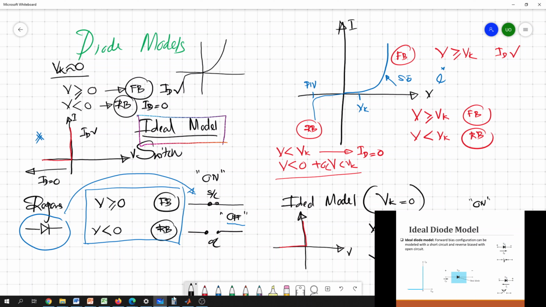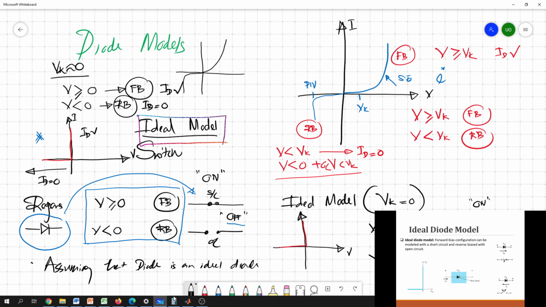If you are dealing with circuits and you want to apply this ideal model, you need to clearly mention that you are assuming the diode is an ideal diode. Without that assumption, you cannot apply these theories or concepts and simplify the circuit.